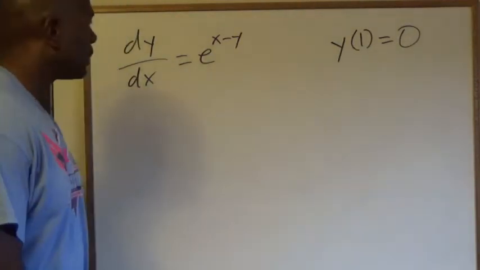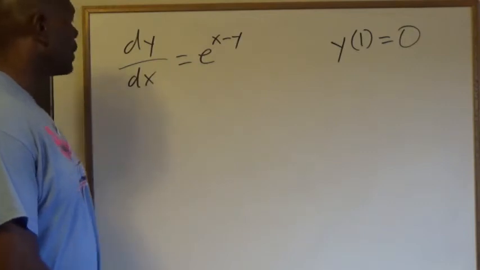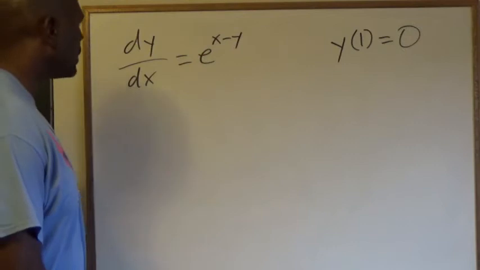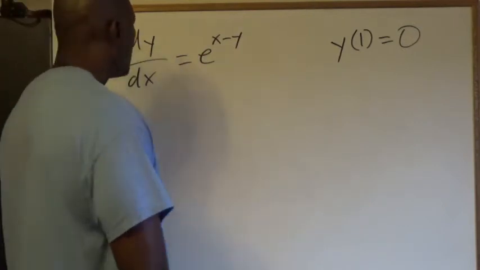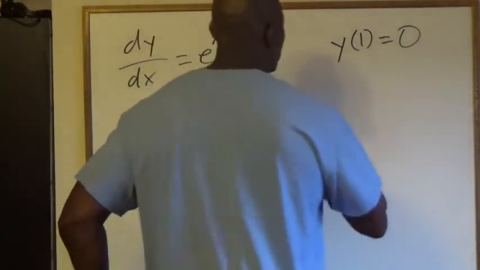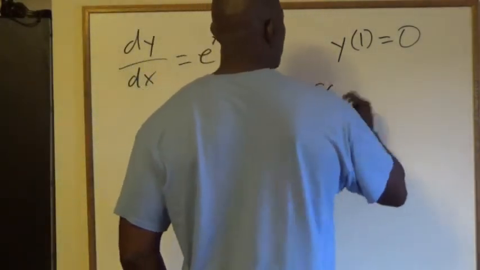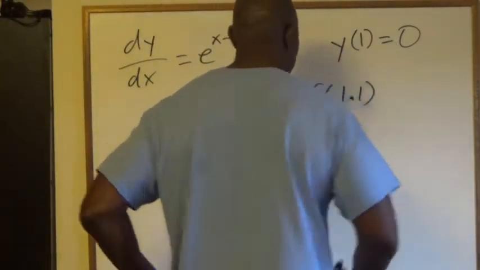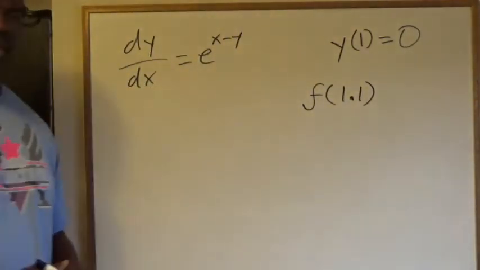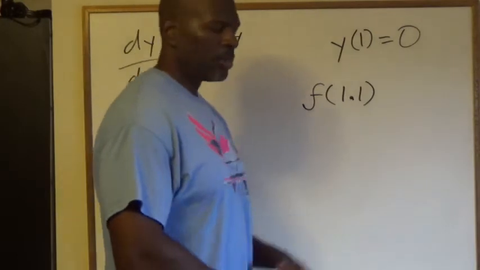Okay, so again, we're going to do a tangent line approximation. Let's see. So let's do it for f of 1.1. So we'll first find the equation of the tangent line, and then we'll use that to approximate f of 1.1.